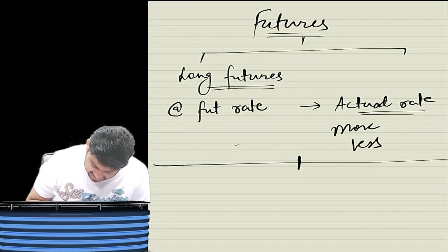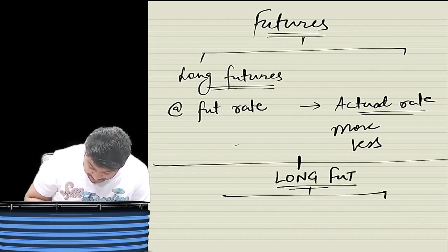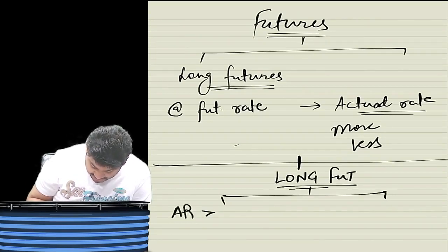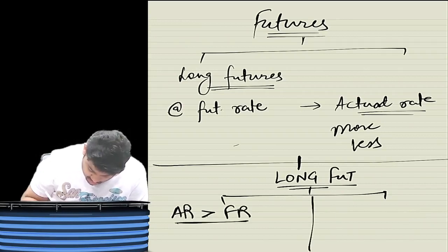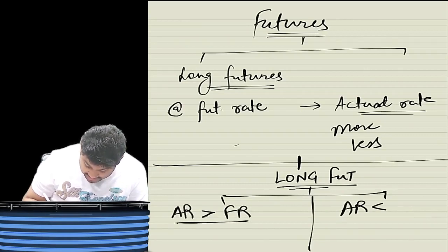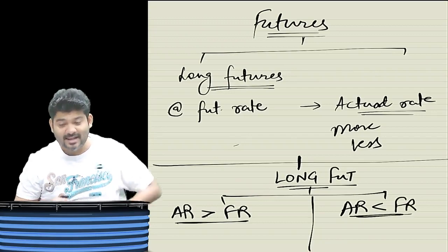This is where we say, if you have long futures, there will be two options. One, your actual rate will turn out to be more than your futures rate, and vice versa, the actual rate will turn out to be less than the futures rate. We have to tell what will happen.